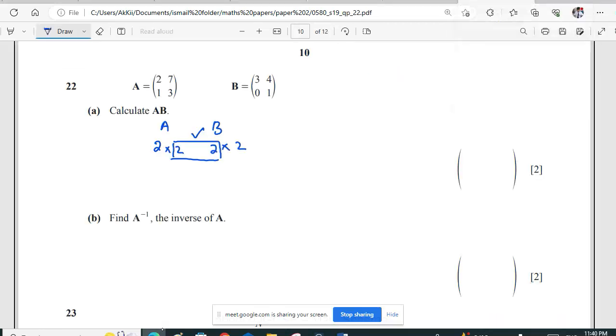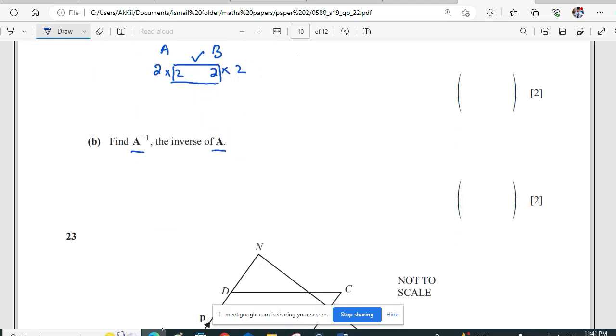Now for the inverse matrix, it's a little separate story. It's very simple, but it has a formula. The inverse of a matrix can be found with the help of two things, that is adjoint A divided by modulus A. These are the two things which you have to find.